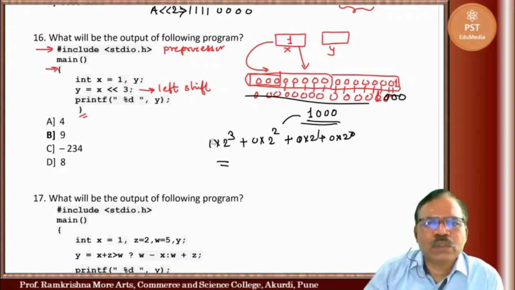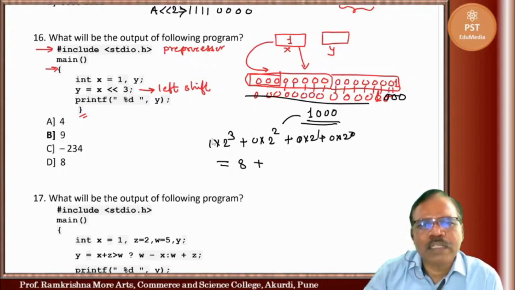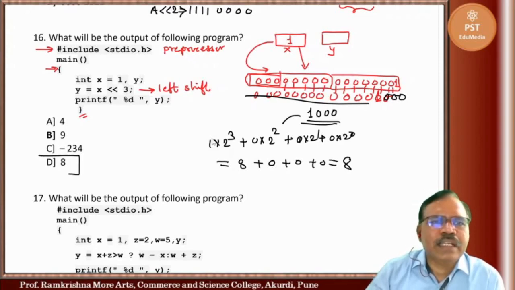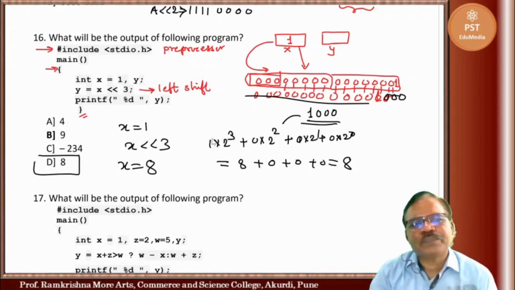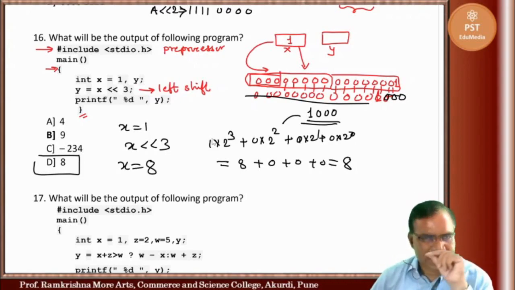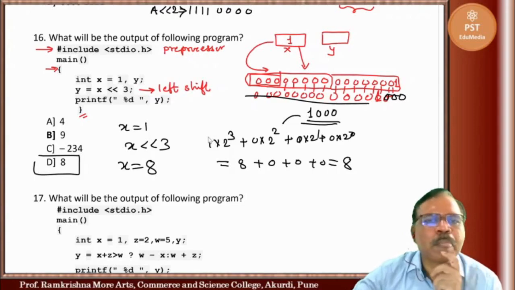So 2 raised to 3 is 8, plus 2 raised to 2 is 4 multiplied by 0 is 0, plus 0 plus 0. So it is 8. If x is 1 and x left shift 3, x becomes 8. So it increases.